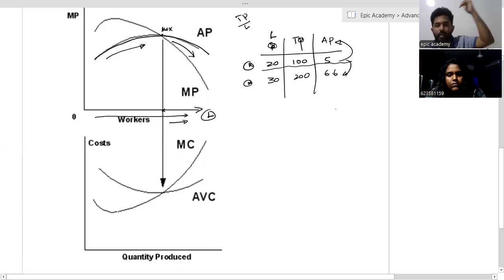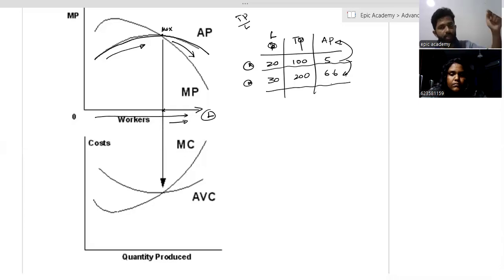Yes, it increased. That means one worker produced more commodities than in the previous situation. So this producer identifies that increasing workers provides a positive scenario for the entire organization because the average production increases due to the increase of labor.